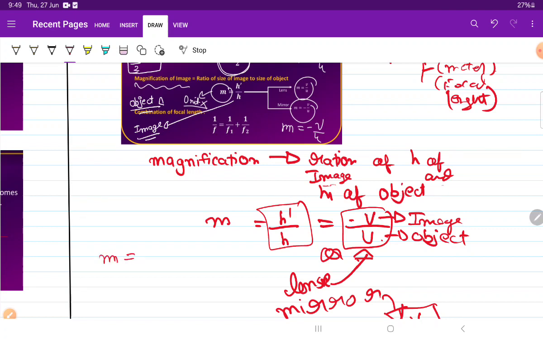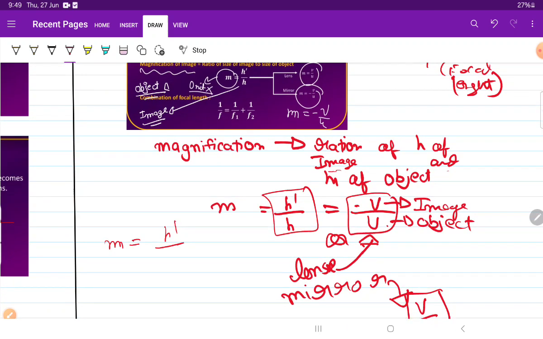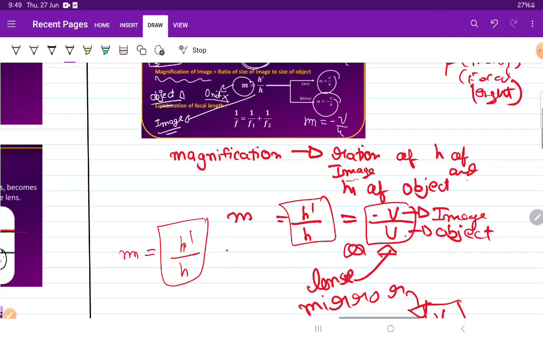So m means magnification, ratio means division, height of image is h dash, and height of object means h. This is the formula of magnification.